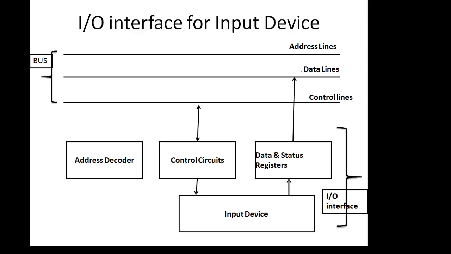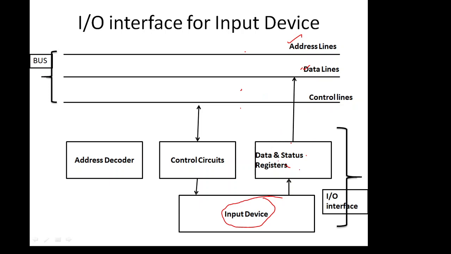Fine. This is the I/O interface for input devices. See here, we have connected the input devices over here. This I/O interface makes use of the control bus, address bus, and the data bus. The control bus is used for transferring the control signals, data lines are used for carrying the data, and address lines are used for carrying the address.